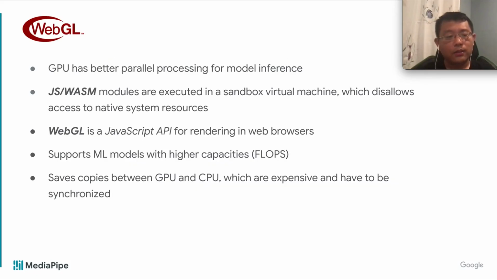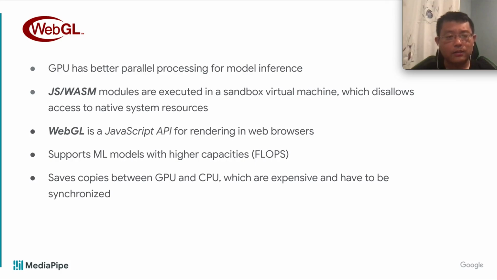So far, we talked about CPU models. We know that GPU has better parallel processing for model inference. However, JavaScript and WebAssembly modules are executed in a sandbox virtual machine, which disallows access to native system resources. To use GPU for model inference in web, we write the inference engine with WebGL.